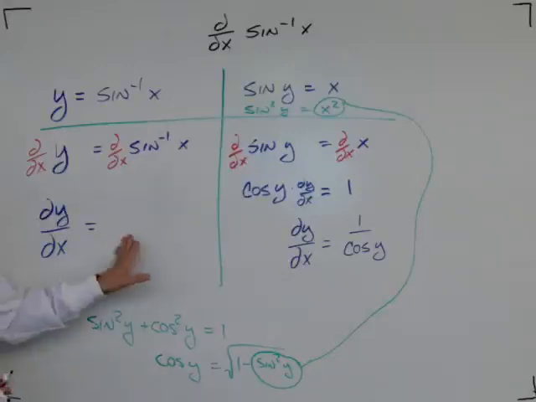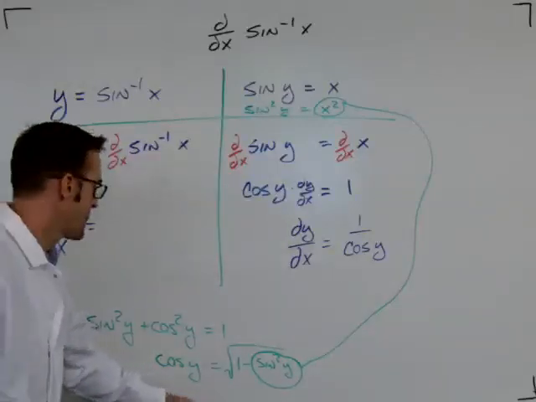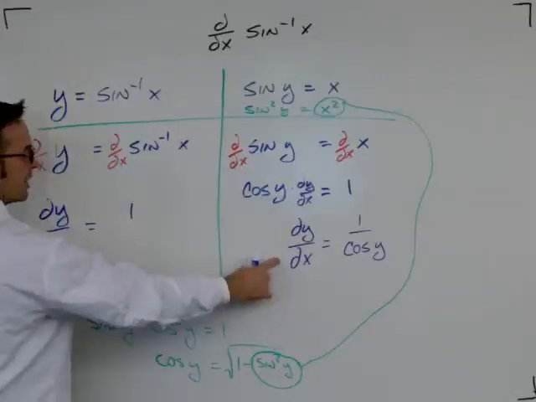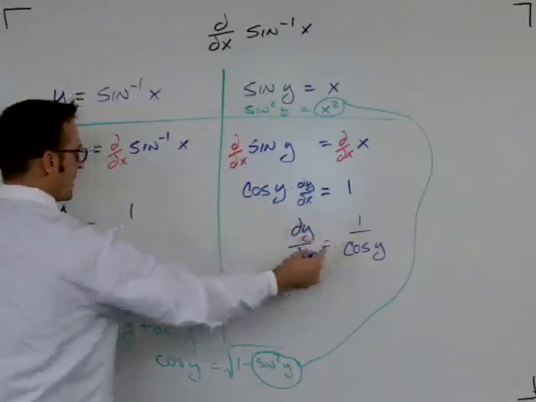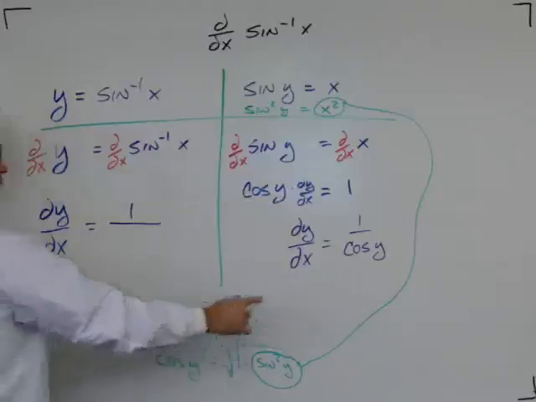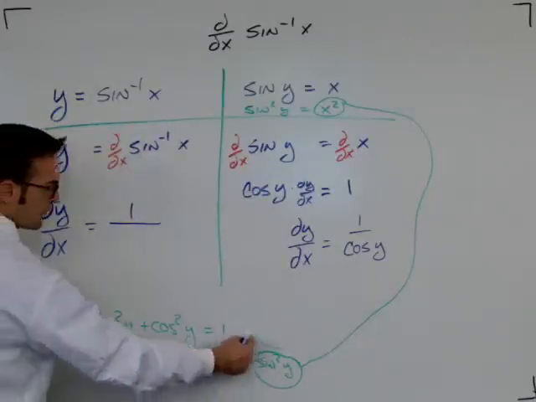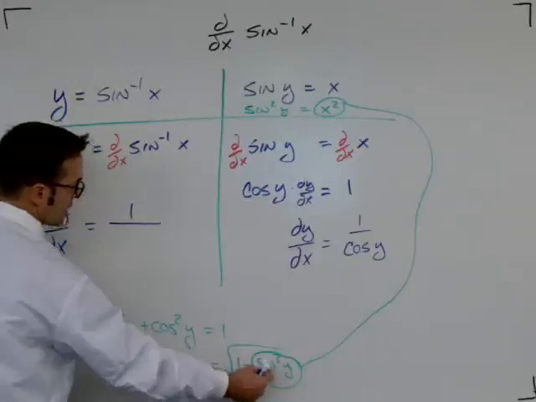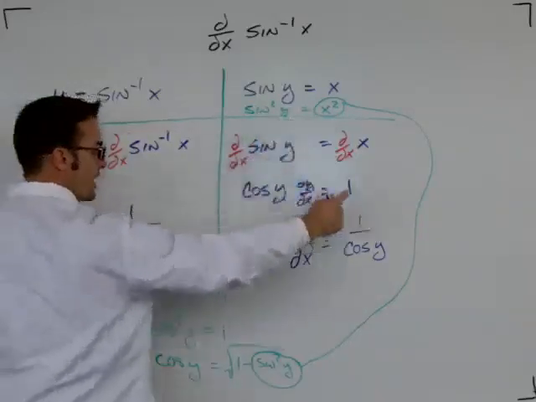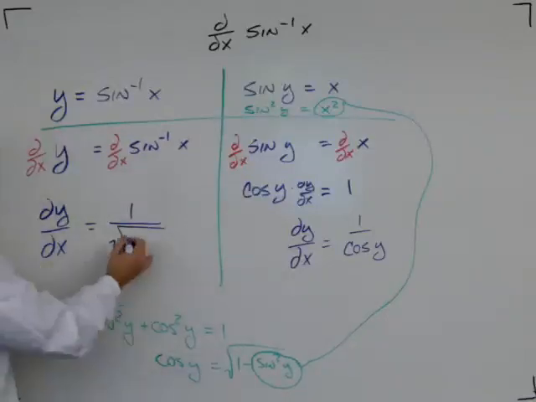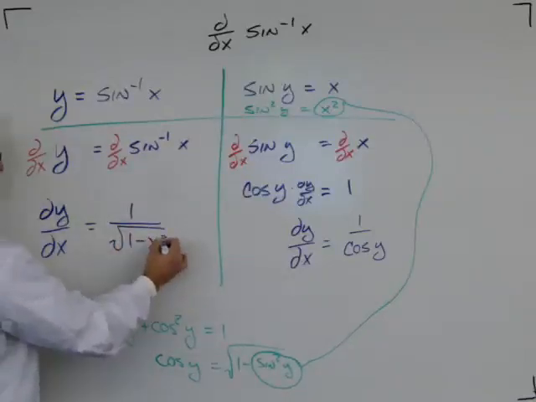Let's just put it together right over here. We found the derivative of y with respect to x is 1 divided by what was cosine of y turned into the square root of 1 minus sine squared y. But sine squared y turned into x squared, so we end up with 1 minus x squared.